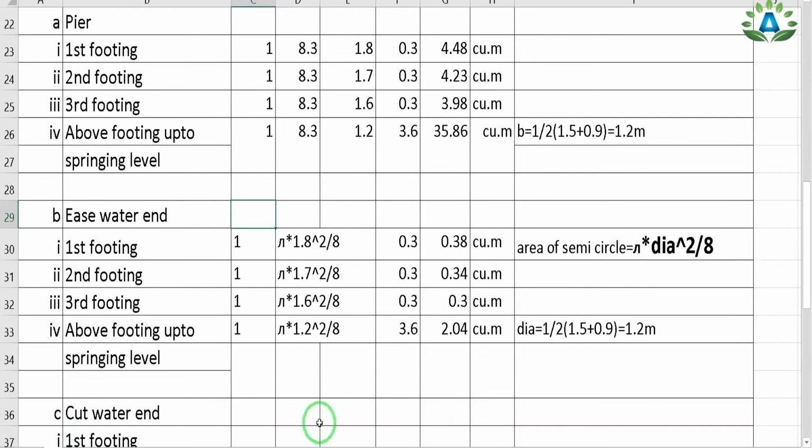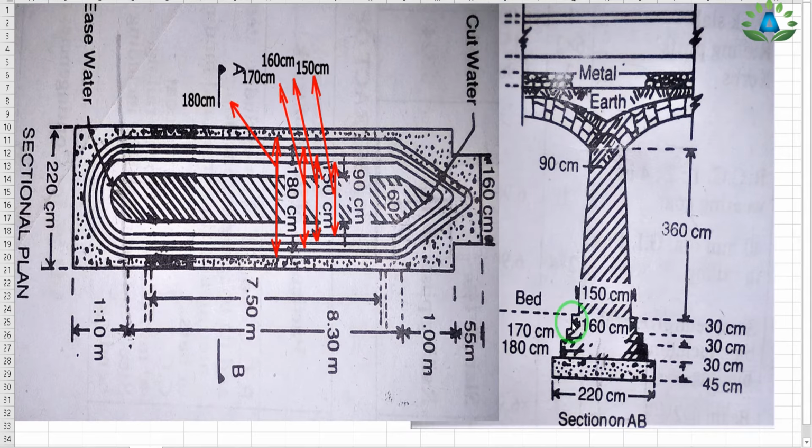And now we have to calculate the area of this third footing and multiply by its height. So to calculate the total area, we need the diameter of the third footing. So here we can see that this portion to this portion is our third footing having the width of 160 centimeter. The diameter of the third footing is also 160 centimeter.